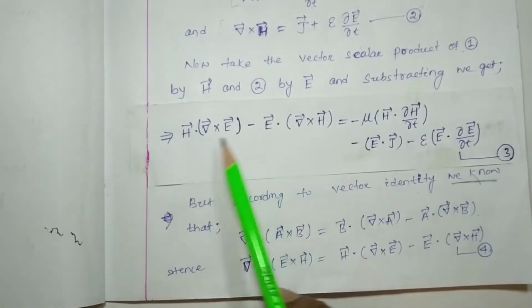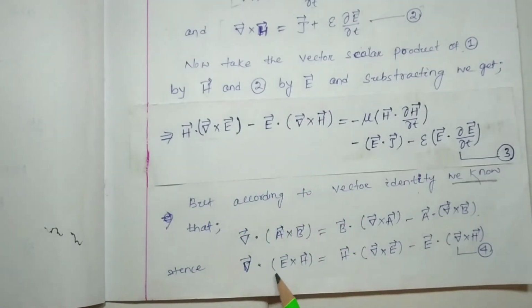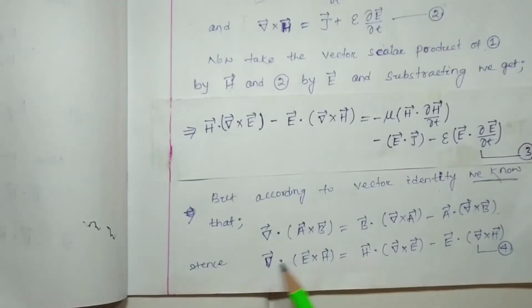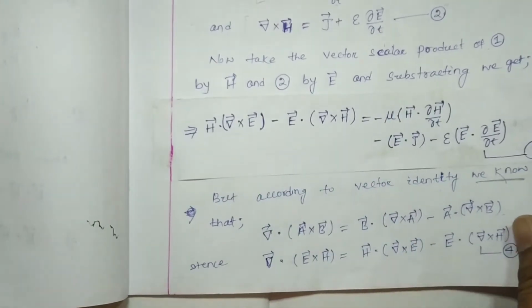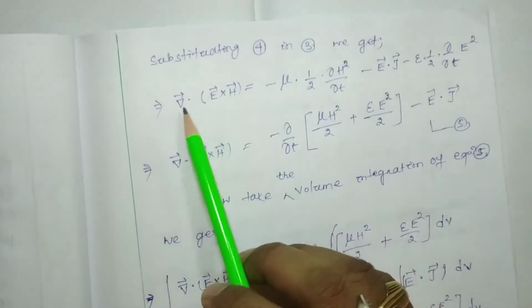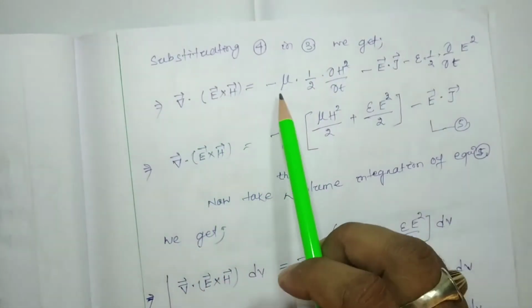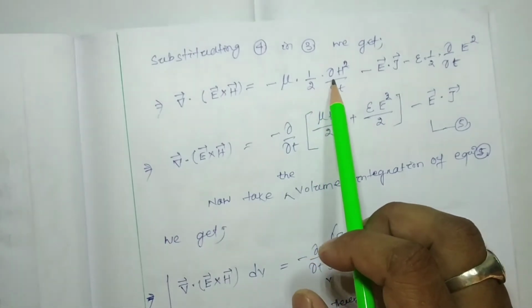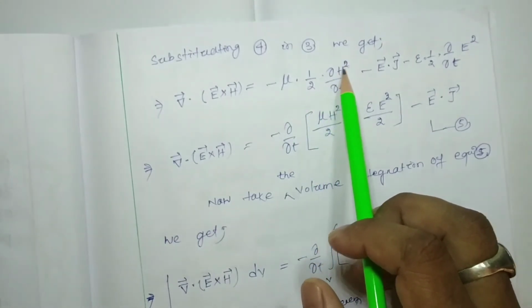So instead of this we can write del dot E cross H. Hence, substituting equation number 4 in equation number 3, del dot E cross H will be equal to minus mu into half del H square by del t.